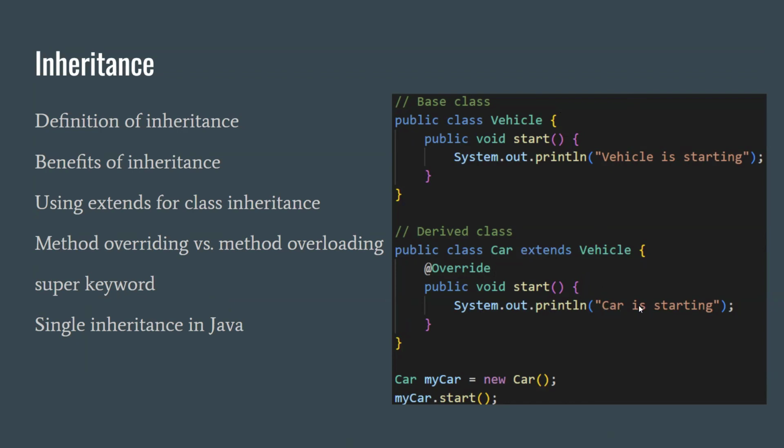So when start is called on a car object, it will output car is starting instead of vehicle is starting. So we are demonstrating method overriding and inheritance through this example.